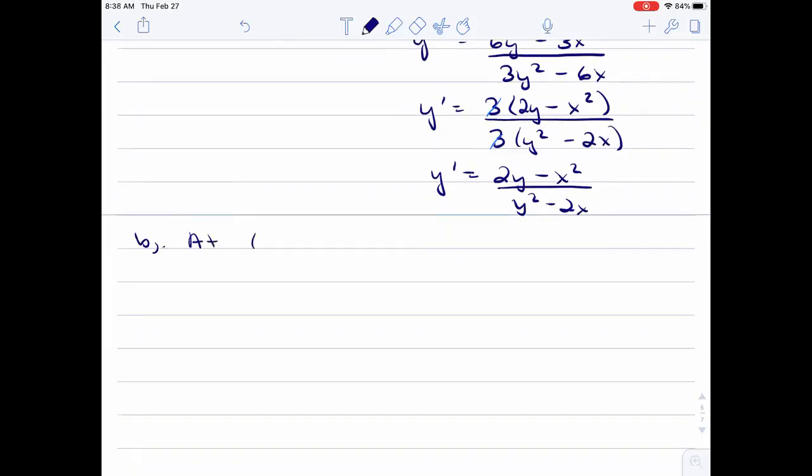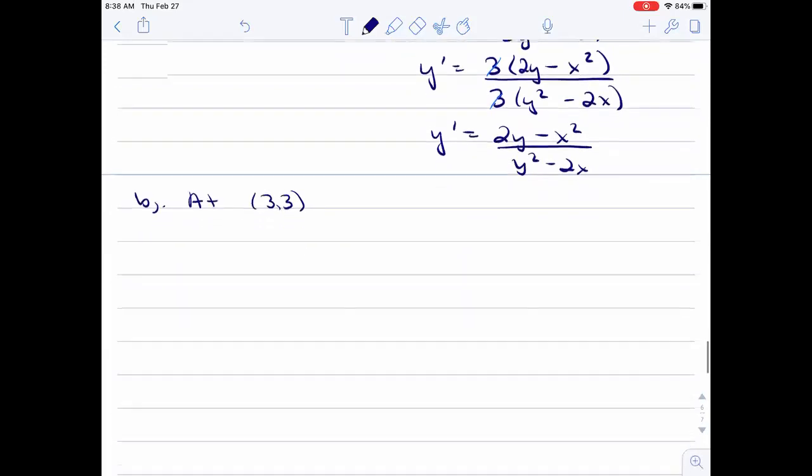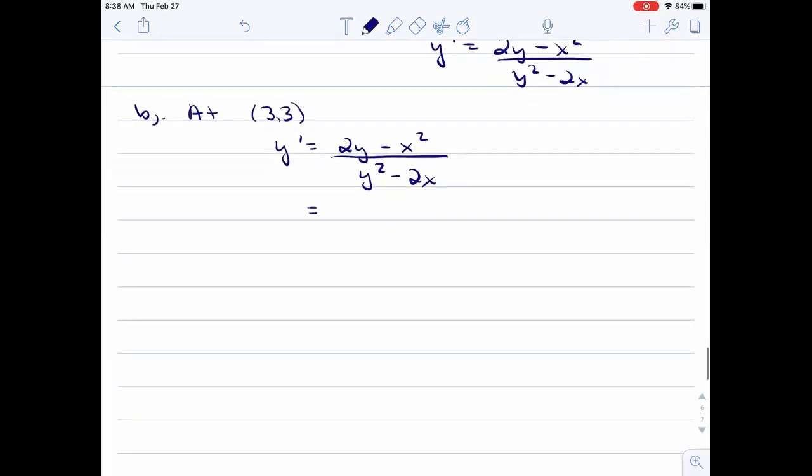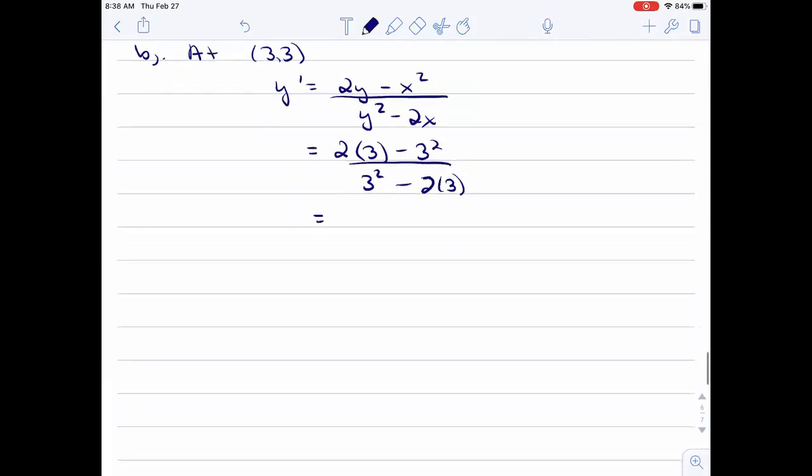So at 3, 3, y prime is, let's just refresh our memories, 2y minus x squared over y squared minus 2x. 2 times 3 minus 3 squared over 3 squared minus 2 times 3 puts me at 6 minus 9 over 9 minus 6.